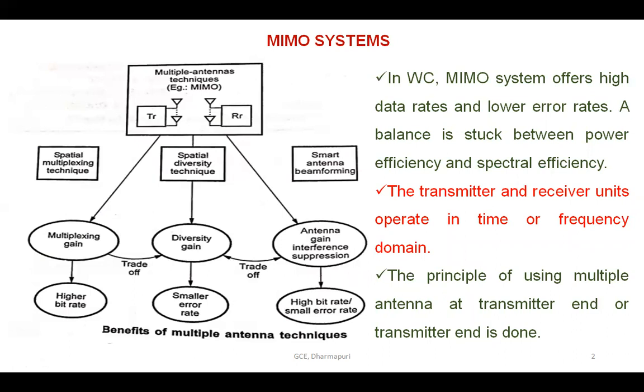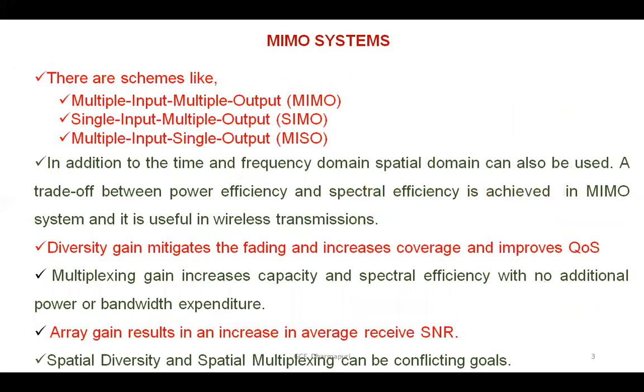The transmitter and receiver units operate in time or frequency domain. The principle of using multiple antennas at the transmitter end or receiver end. In MIMO, there are some schemes. One is MIMO, multi-input, multi-output. Second one is SIMO, that is the single input, multi-output.